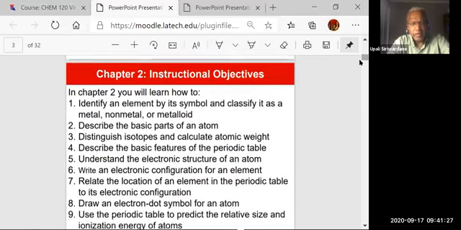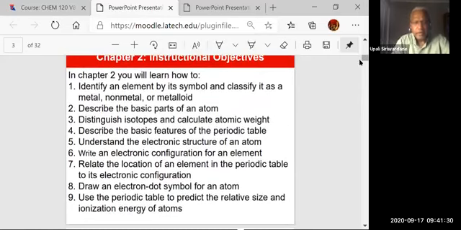These are the objectives. You have to know elements by symbol and be able to classify them as metal or non-metal based on the periodic table. Describe the atom and subatomic particles. Distinguish between isotopes of a certain element. The atomic weight reported on the periodic table is the average atomic mass based on different compositions of isotopes.